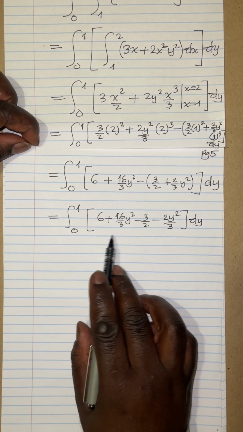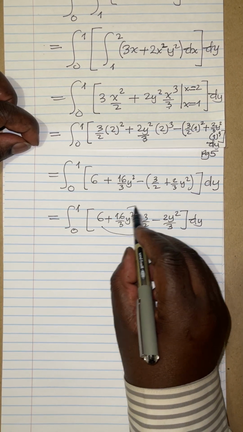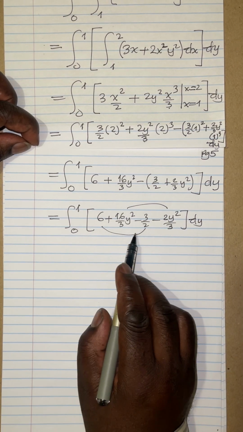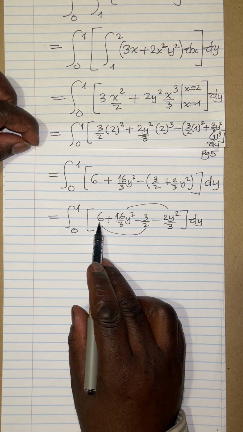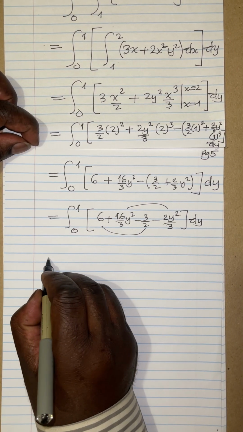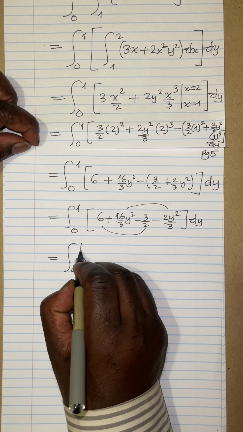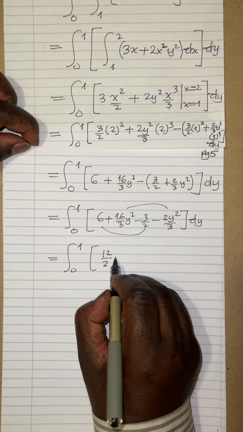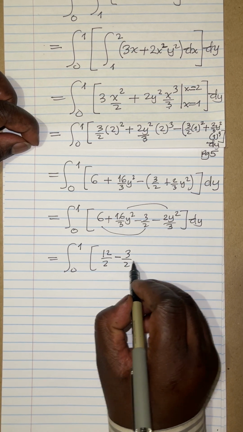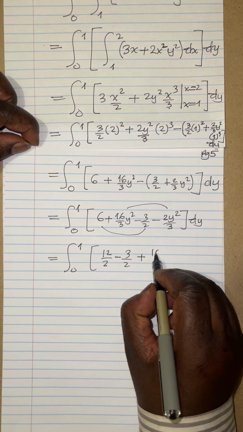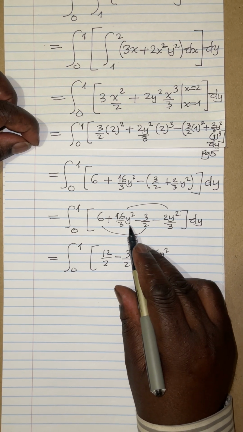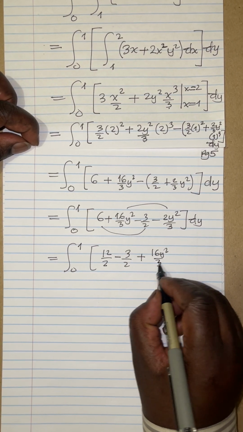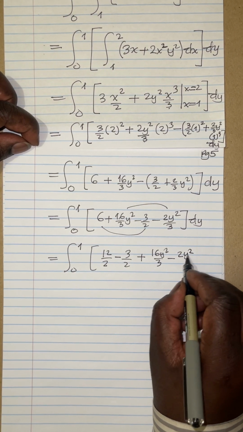Now let's simplify this. This and that can simplify, and those two can simplify. Now this, I'm going to write it as 12 over 2, and then minus that. So now we're saying this is the integral from 0 up to 1 of 12 over 2, that is 6, and then minus 3 over 2, and then plus 16y squared over 3, and then minus 2y squared over 3.